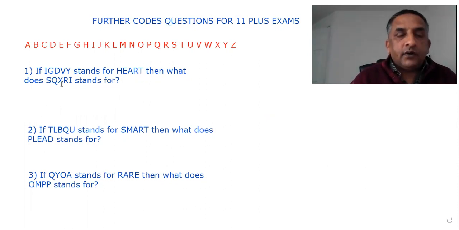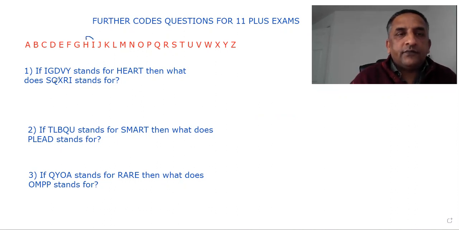So we will go from IGDVY to heart. Go from I to H. We have to see how they got from I to H. If you look at the ABC here, I is here and H is just one space behind, right?